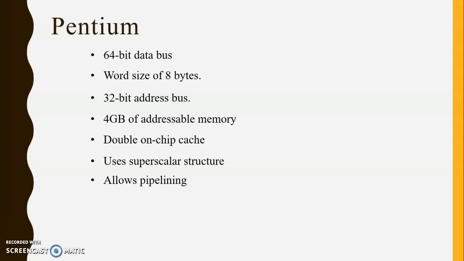It also allows pipelining. Now what is that? Pipelining means overlapping of instructions. So multiple instructions will be overlapped and they will be fetched, decoded and executed simultaneously, again increasing the speed of the processor.